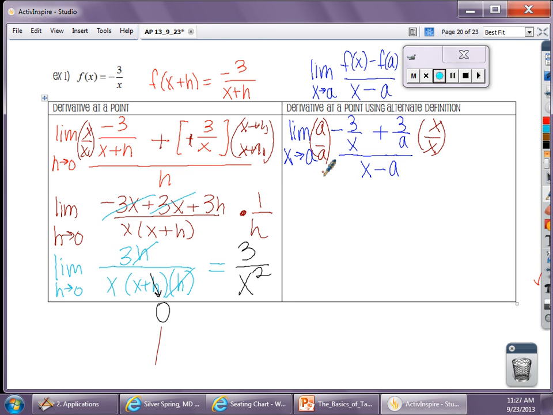Okay? Limit as x goes to a, numerator, I get negative 3a, positive 3x, all over a times x, multiply by 1 over x minus a. Are we good? I moved my denominator one more time out of the way.